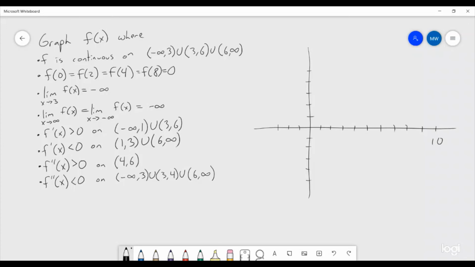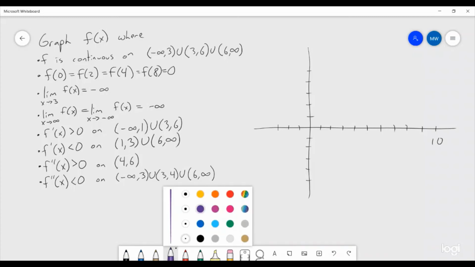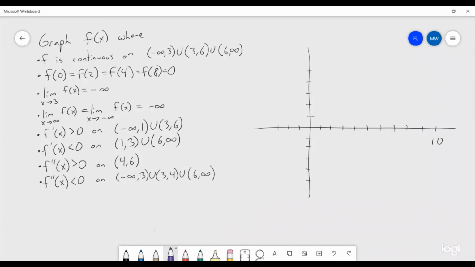So now what we do with this to try and get a little better of a graph. So if we're going through the different pieces, let's go through and try and figure out what are some of the things that we can plot.